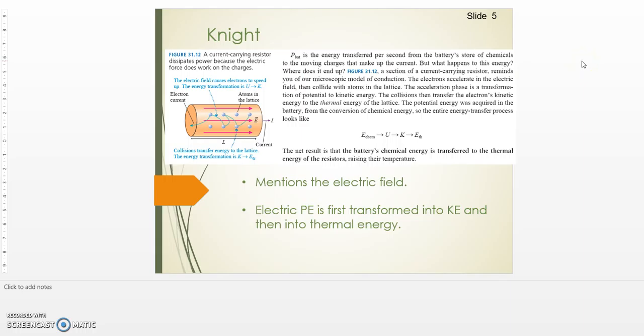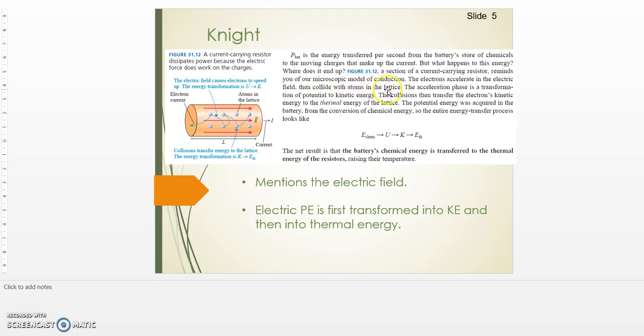Okay, what about Randall Knight's textbook? Alright, so Knight at least mentions the electric field. The electrons accelerate in the electric field and then collide with atoms in the lattice. Okay, so we've got electrons accelerating here.